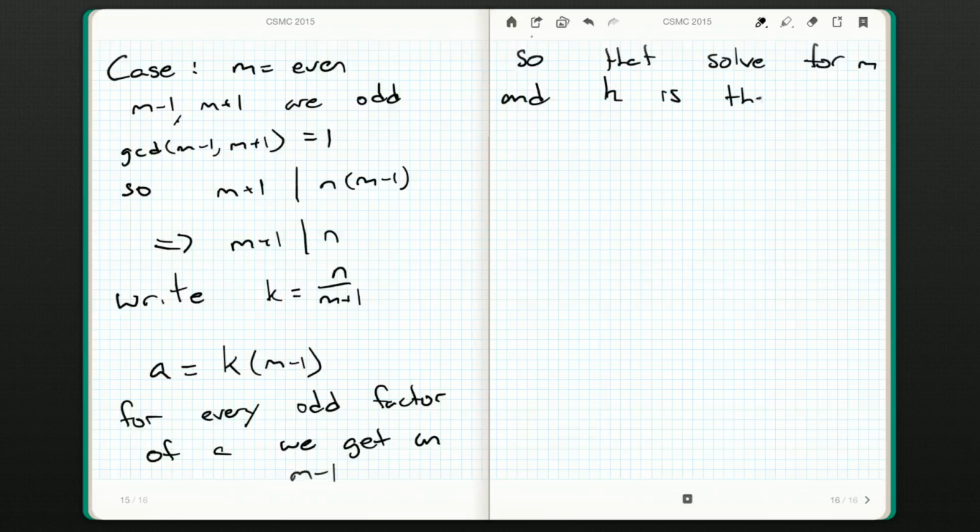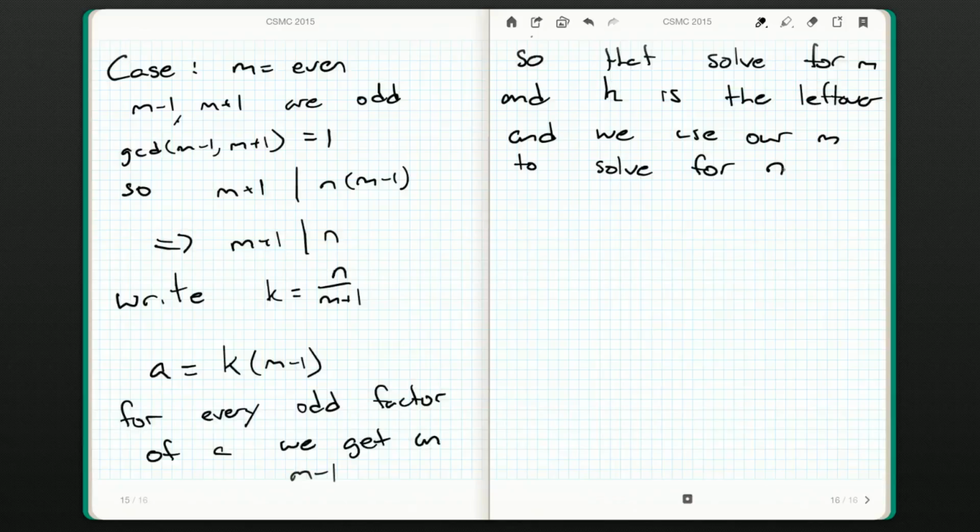K is the leftovers. And we use our m to solve for n. Okay.